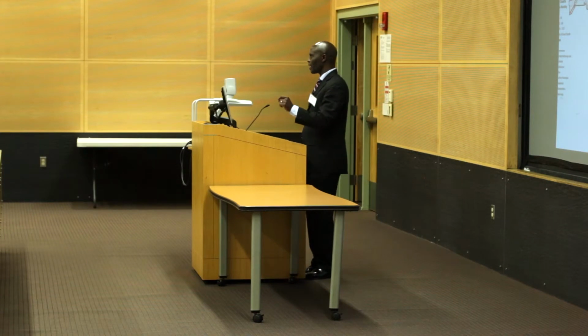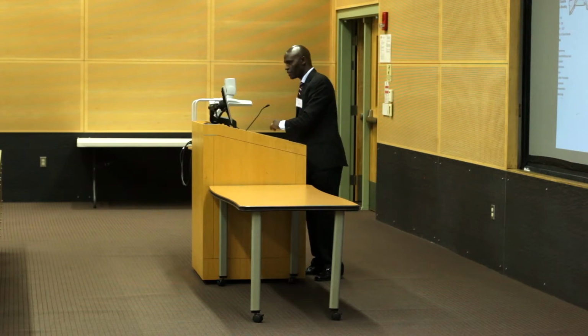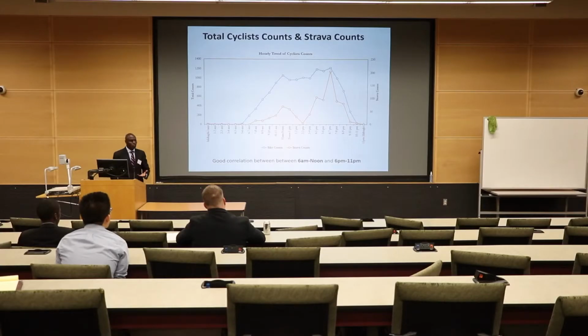That's another important aspect when you're trying to use this information to predict what is going to happen in your network. So we took the ground truth data that we collected using the pneumatic tubes and the video and compared it with the Strava data. We wanted to see whether they follow the same trend in terms of the spikes and so forth.